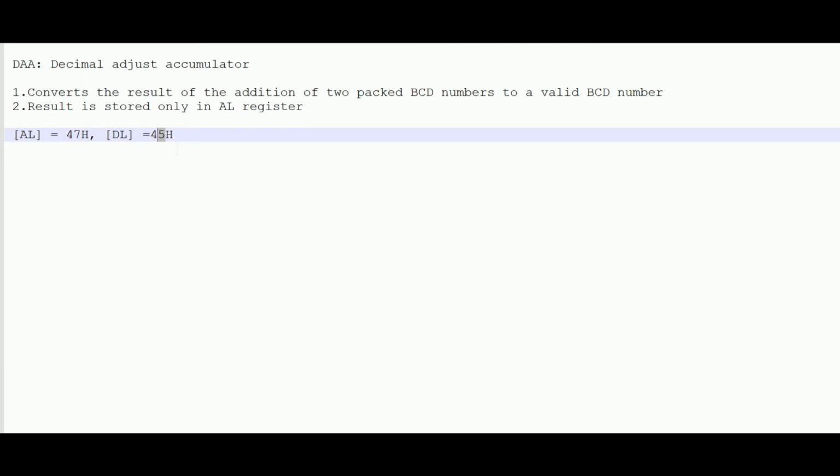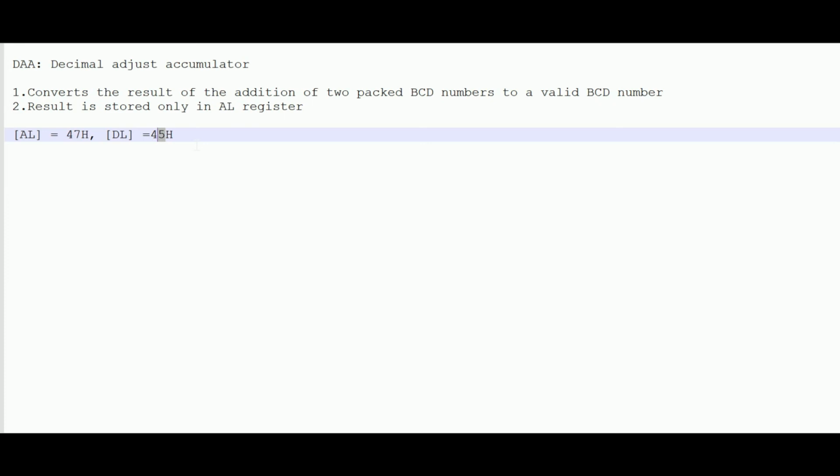So here no ASCII conversion is happening. You're not getting the input from an input device like your keyboard, but it is your internal calculations happening inside your microprocessor. And the intention of this instruction DAA is that even though the calculations are happening inside, the output should be displayed to your output device or a display monitor.